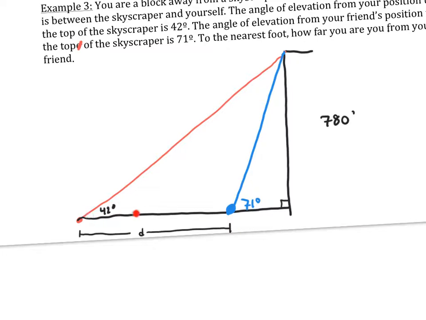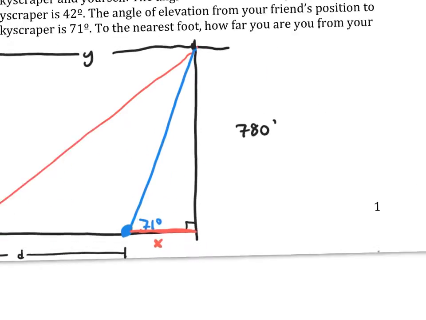I do need to know how far away I am from the building and how far away my friend is from the building. And when we subtract those, we get the end result. So I need to find out what x is right here, my friend's distance from the building, and then I need to find out how far away I am from the building, and we'll subtract those.